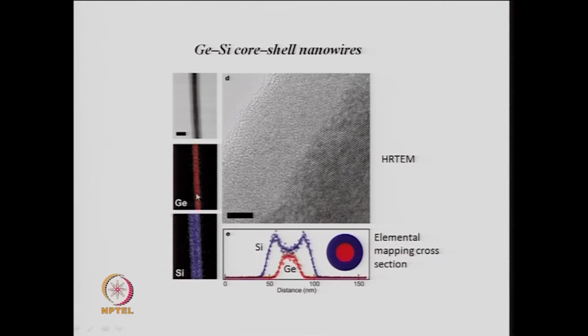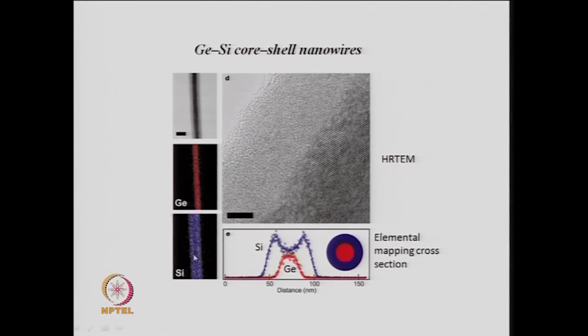And when you look for silicon, which is color coded blue, silicon is all over the place, because silicon is covering this entire germanium nanowire. So, it is on top of this wire, on the side of this wire too, and so the whole tube is color coded as blue.